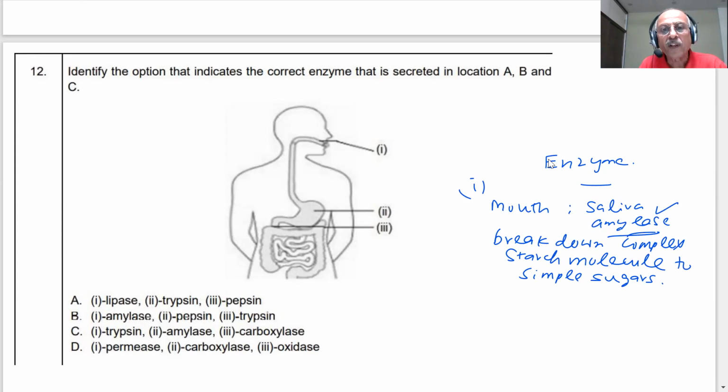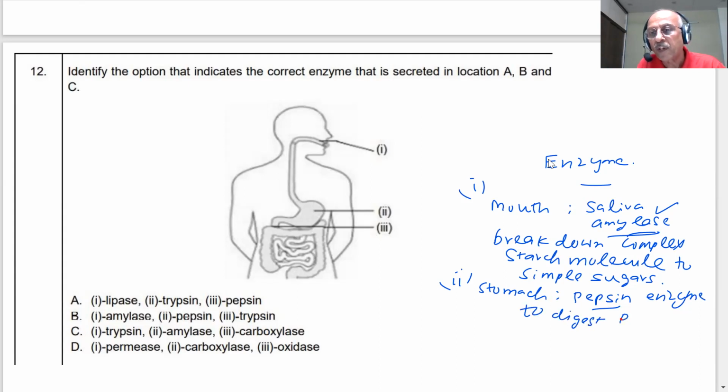And this is our stomach, student. What is happening in the stomach? There are pepsin enzymes, student, in the stomach to digest proteins. And what is the third one, student?